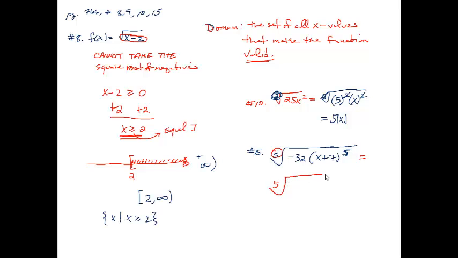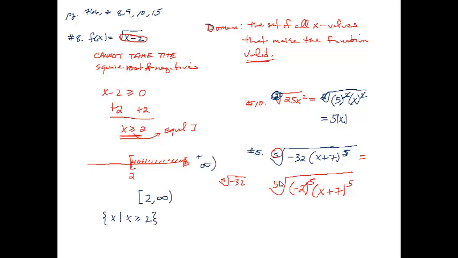So I have the fifth root. Well, that's going to be negative 2 raised to the fifth power. If you don't know that, you can just, in your calculator, do the fifth root of negative 32. You'll see it's negative 2. And this piece right here is already set up, x plus 7 to the fifth power.